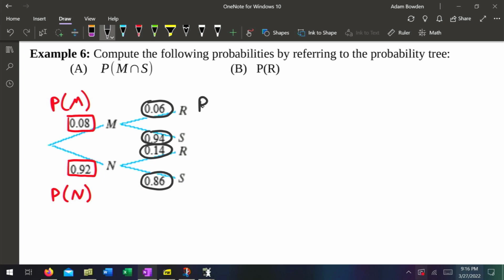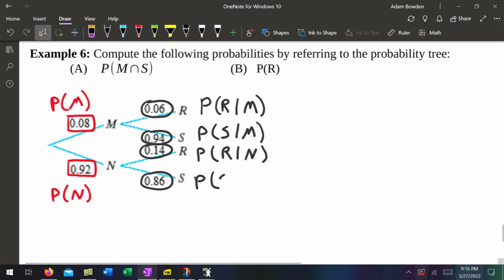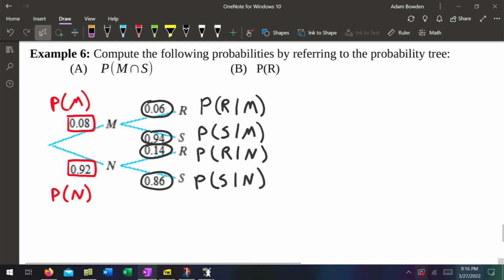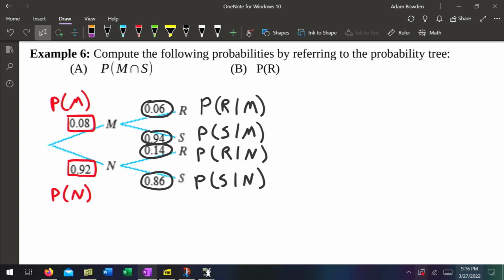So the probability for R, we write it as the probability of R given M if we travel along that branch in the tree. M comes first and then R given M, or the probability of S given M, or the probability of R given N, or the probability of S given N. So given either M or N have occurred, we can see the probability that either R or S will occur here.